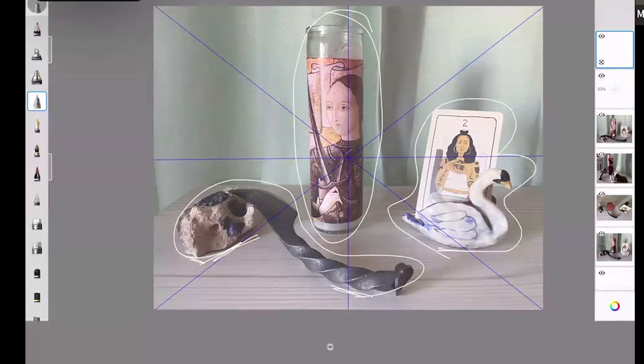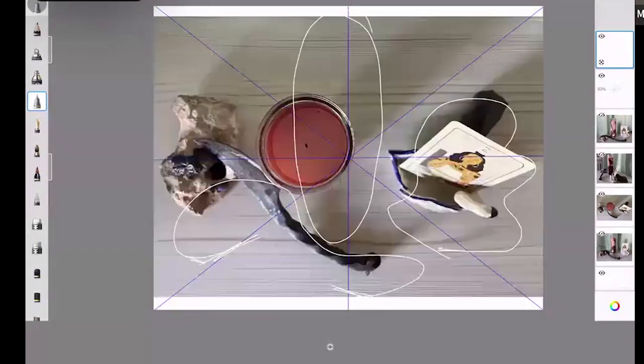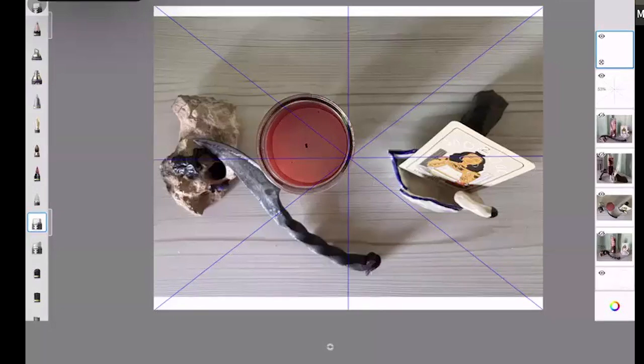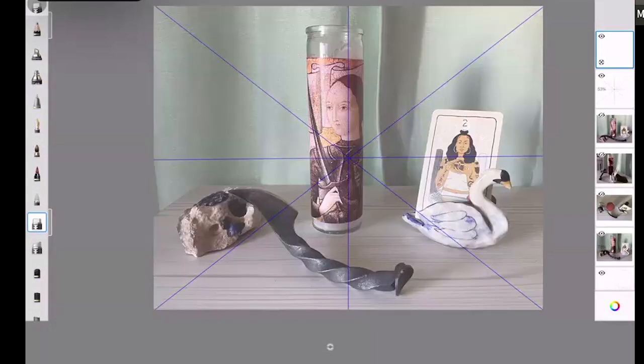Now, if we again go back to the aerial view, we can see that they are located in such a way that from above, especially here with the candle, it gives the illusion that the candle is covering the knife. But when we look from the front, we don't see that. We see quite a lot of space.